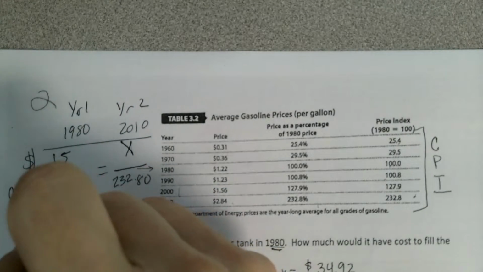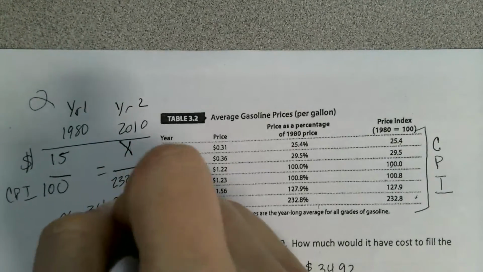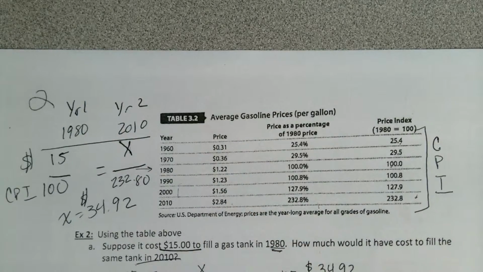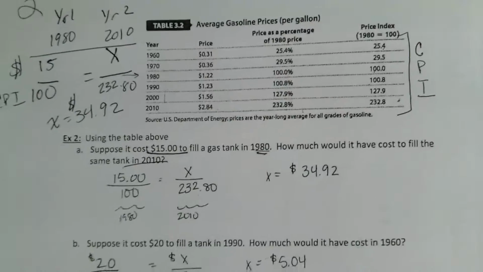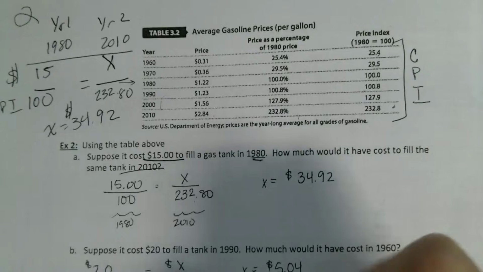Did you get that X was $34.92? When we answer a story problem, we should answer it in a full sentence.